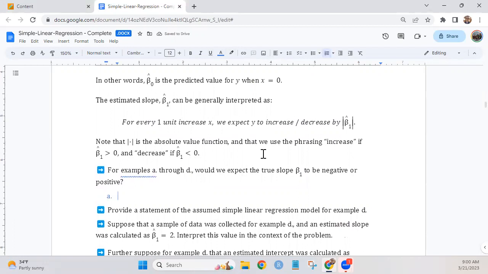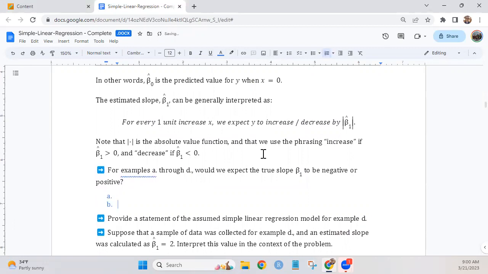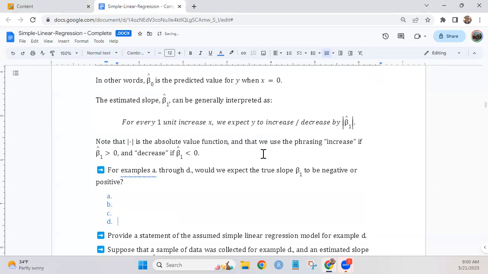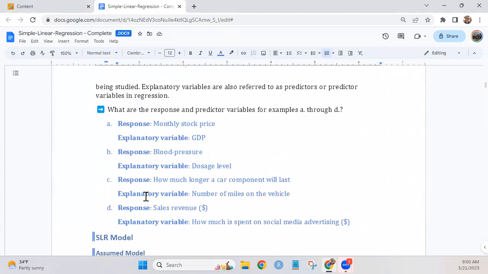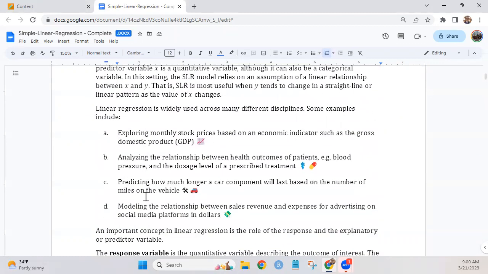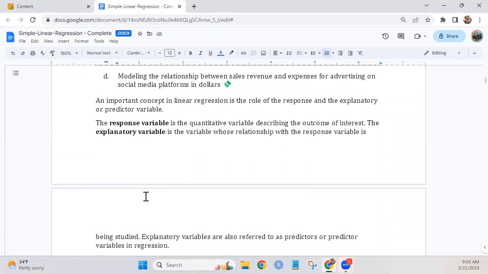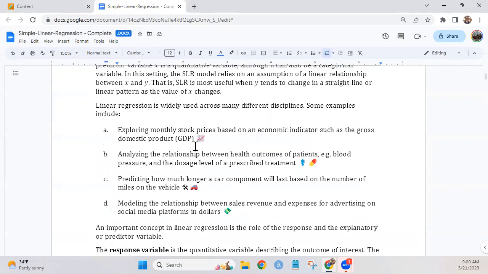All right, let's think about the slope, which describes the relationship between x and y for each of the 4 scenarios up here. We already talked about what x and y were. For the first one, we said x was GDP, y is the stock price of some typical stock next month.